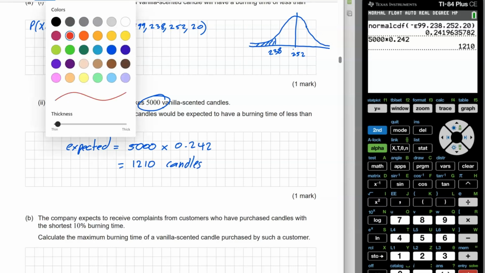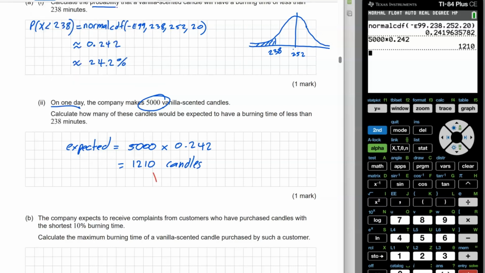Don't forget that the number of candles must be a whole number, an integer solution. So if you did have decimal points in your answer, make sure you round.